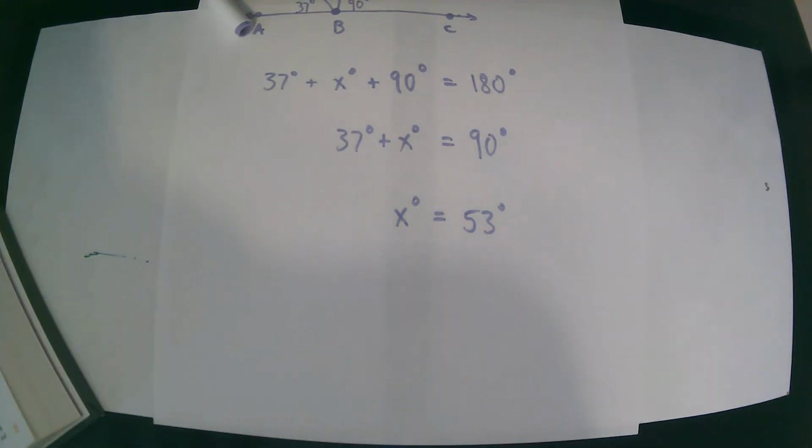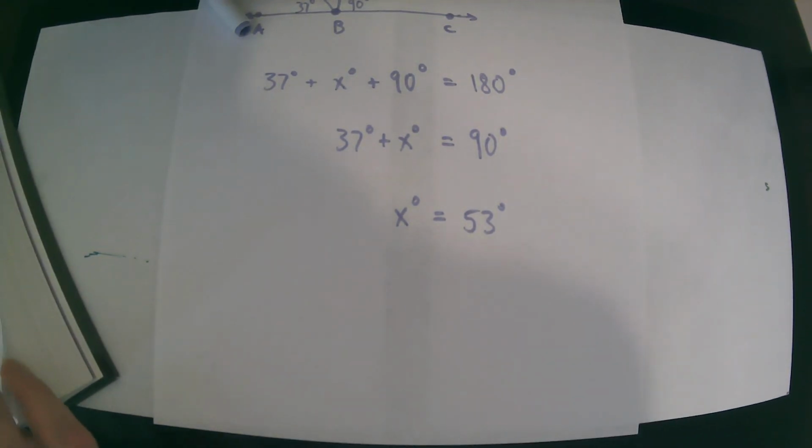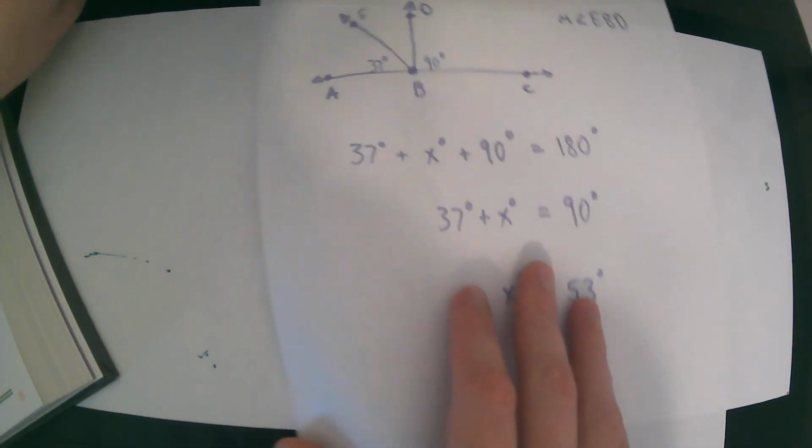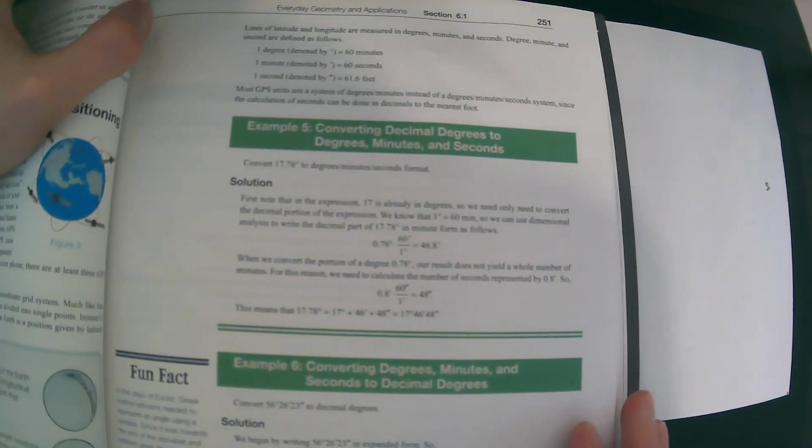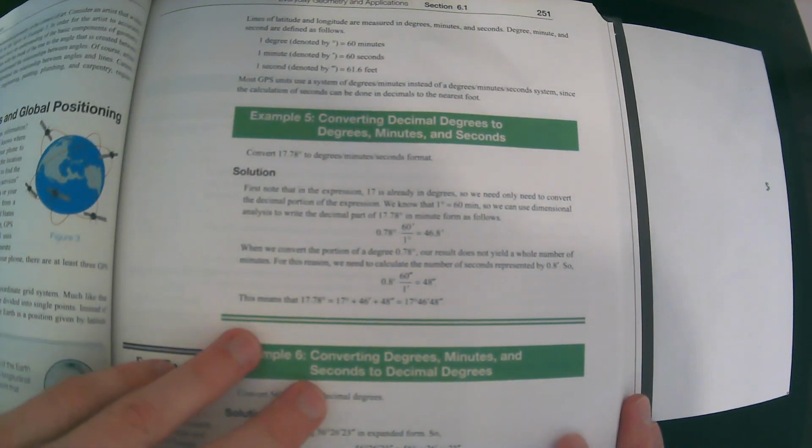Alright, so the rest of this section is getting into some more angle stuff. Converting decimals to degrees, minutes, seconds. I am done at this point with this section, but I just want to mention some things that could actually seriously be useful to you in real life. So the whole degrees, minutes, seconds conversion, that's probably never going to be useful.